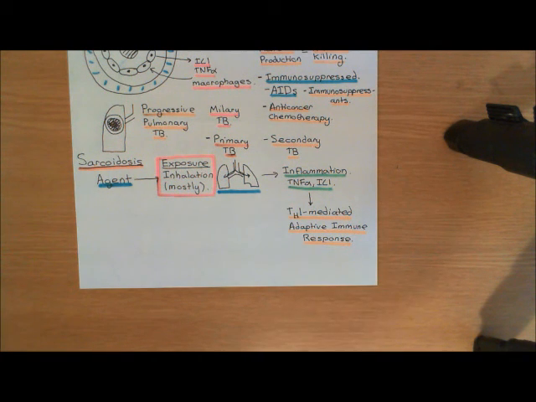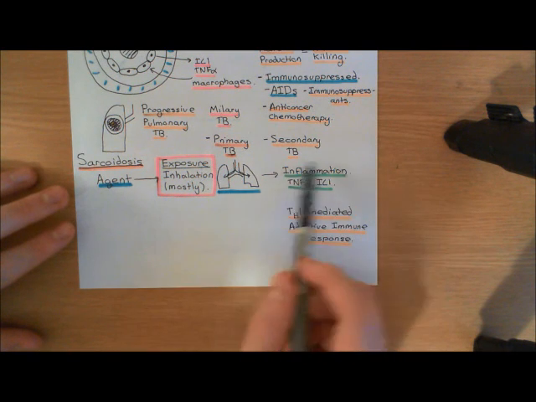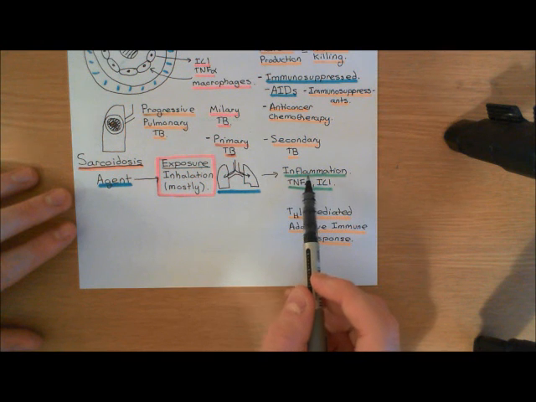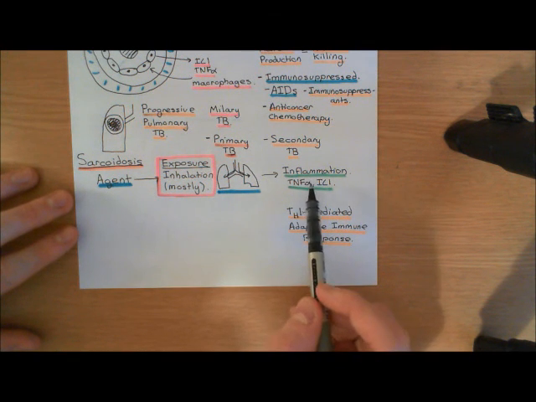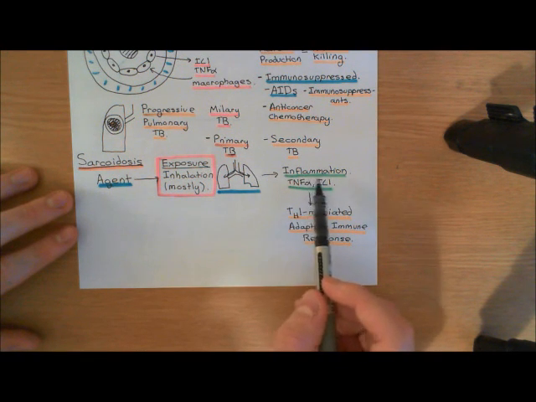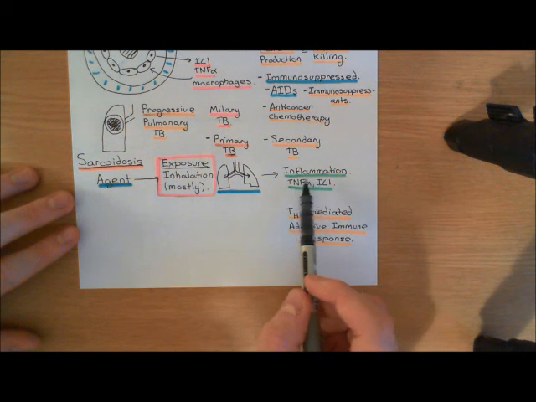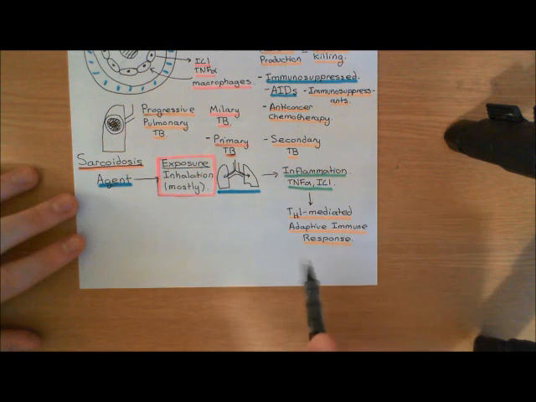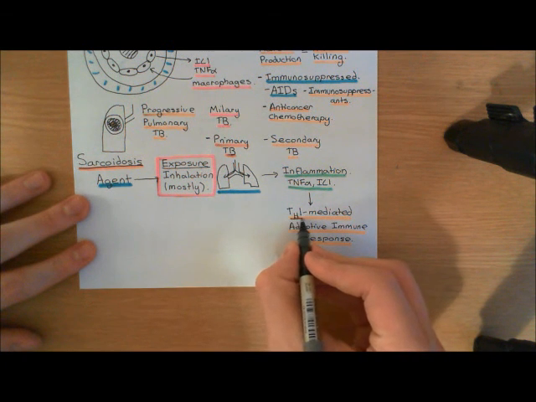I said that the cells which are actually dealing with the Mycobacterium tuberculosis at the site of infection will have the toll-like receptor 2 pattern recognition receptor activated by the lipomannan of Mycobacterium tuberculosis, and this will cause them to release interleukin 12, which will then cause the production of T helper 1 cells.